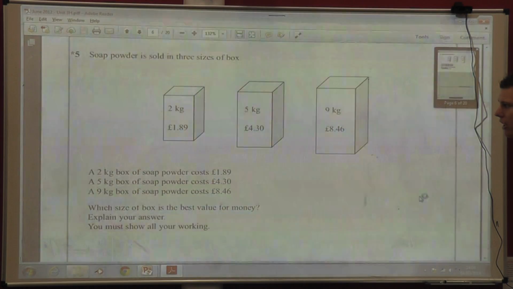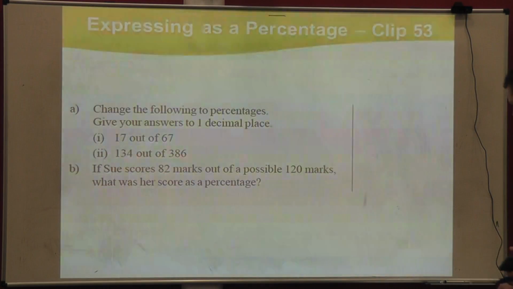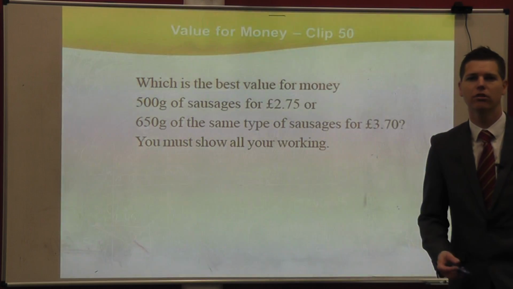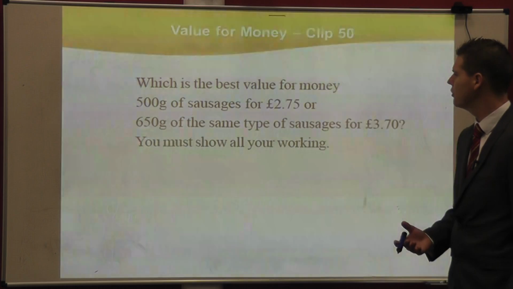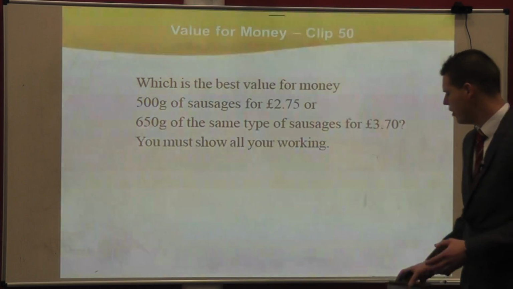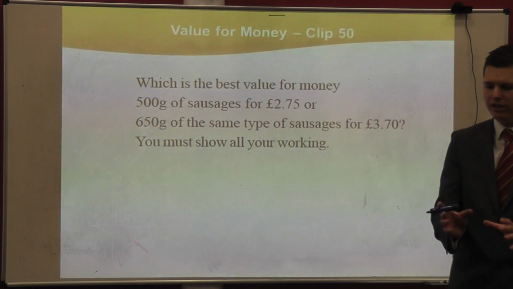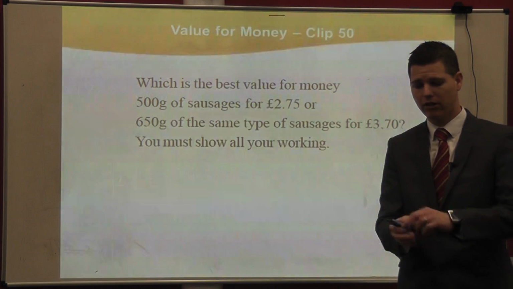And the next question is just looking at value for money. So here, what is the best value that you can pick up? Now, the way to calculate value for money questions is just to put them as comparable. Now, you know that if you go to Tesco, and if you haven't, do it. Go to Tesco, go to the drinks aisle, and have a look at the Coca-Cola.